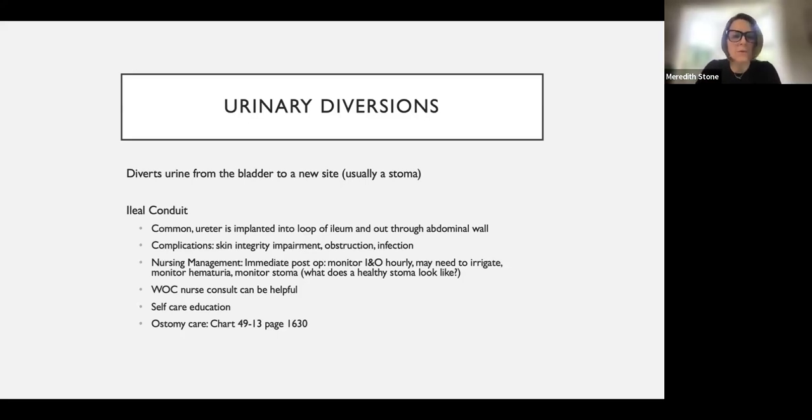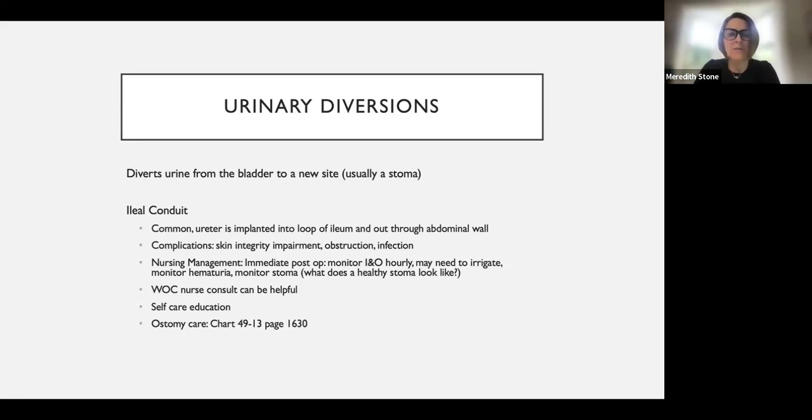So all the things that we know about stomas and colostomies and things like that, those are all going to be the case with an ileal conduit too. Especially if it's brand new, we need to be monitoring the stoma, how it looks, making sure it still has a good blood supply. We're monitoring also what is coming out. We're monitoring I&O.